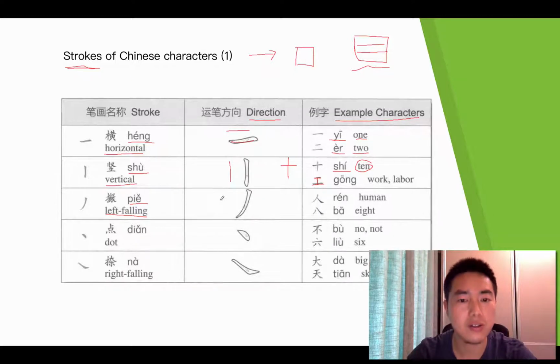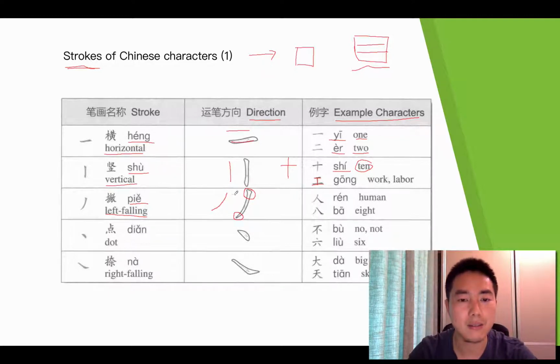So the left falling stroke is from the right top to the left bottom. But pay attention. We should stress in the beginning and gradually unstress it at the ending.